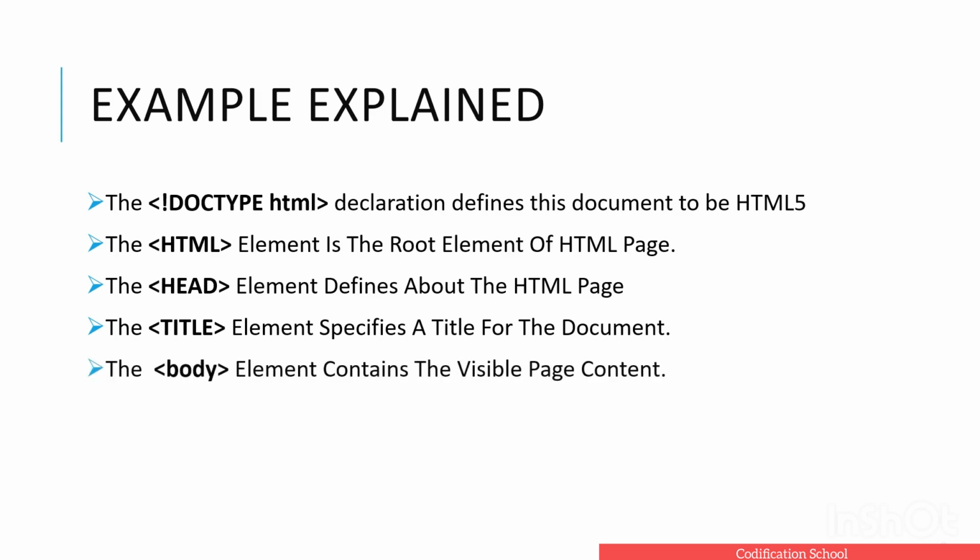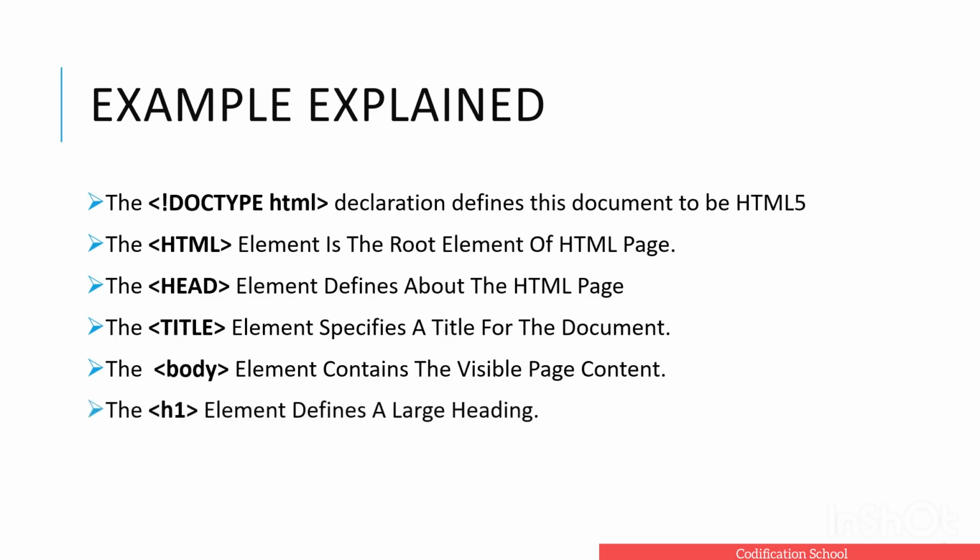Followed by the body, an element that contains the visible page content. It can be anything: images, text, anything of your wish. But make sure that you follow up with the start tags and end tags for every single thing you do. Then we have headers.